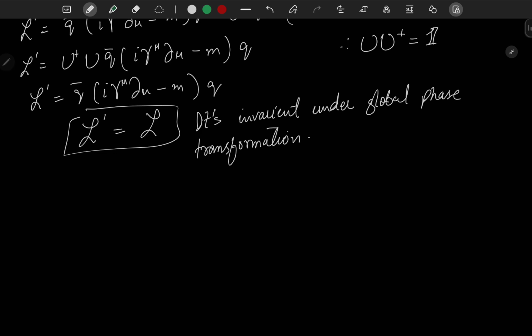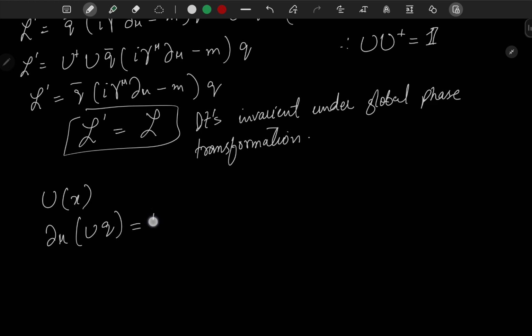Okay, now let's move on, and let's say that U is a function of four position.